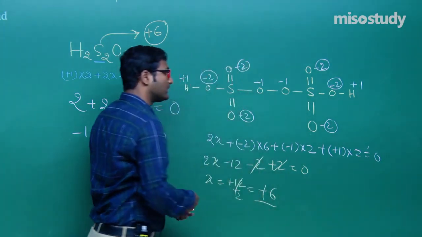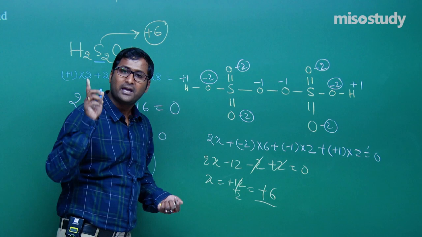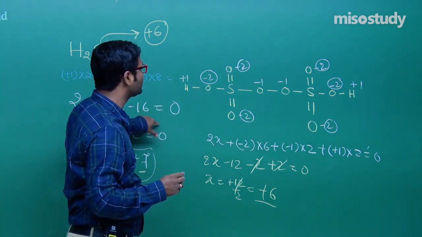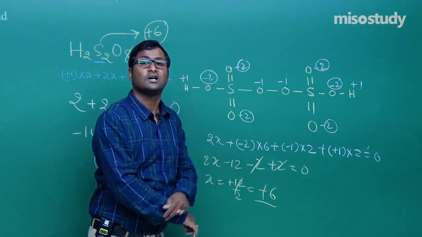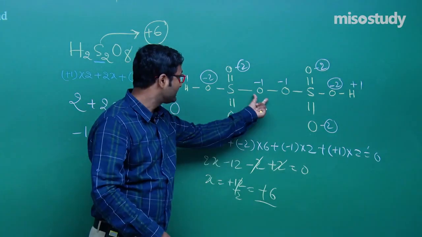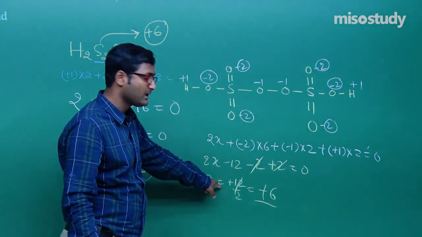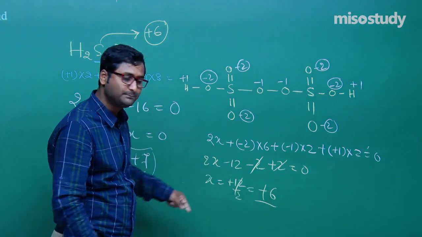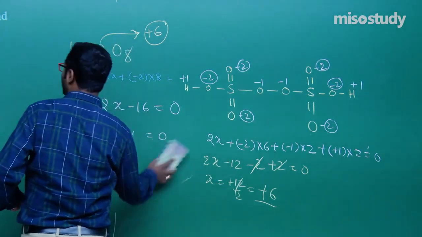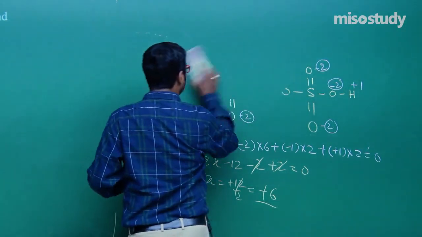Sir, you are absolutely correct. So by looking at the oxidation state, you can also draw the figure. Clear? This is the exact answer. So here plus 6 oxidation state. Clear to you, friend? Now I am going to rub this part and move towards the next question.